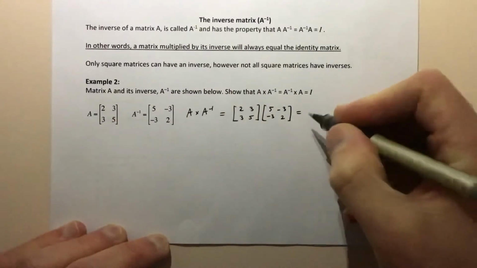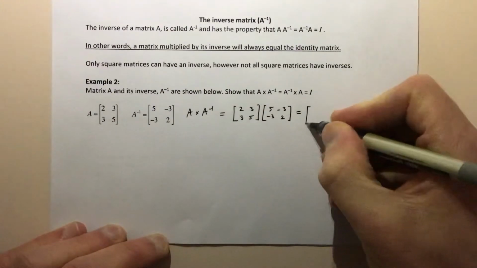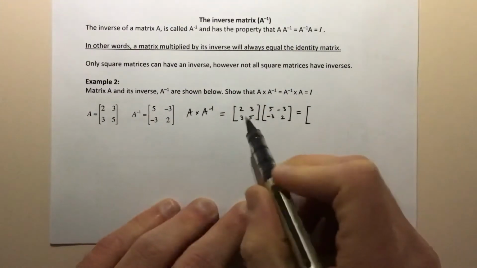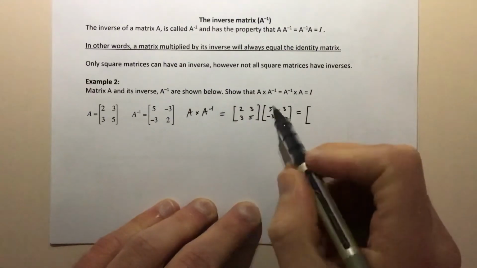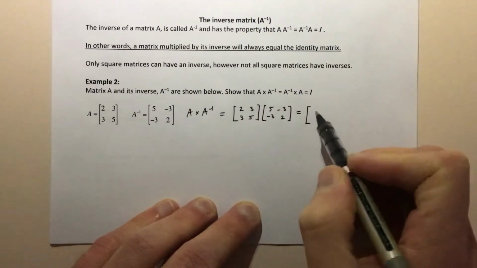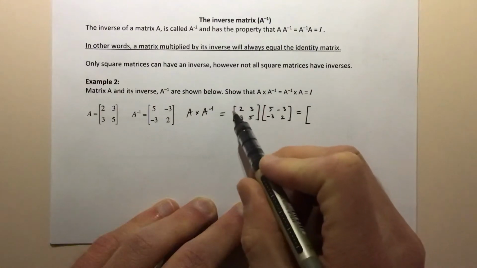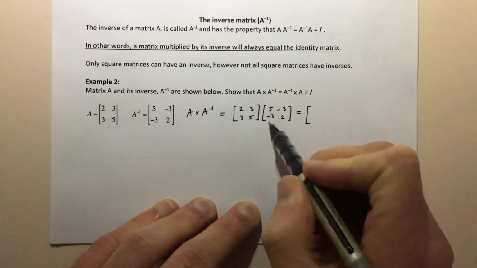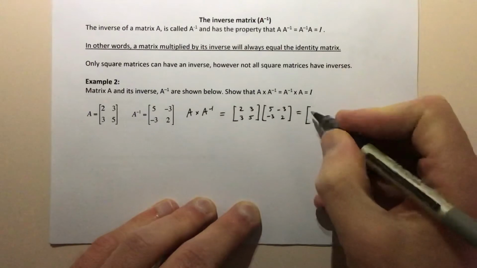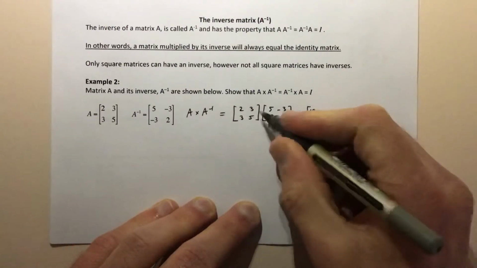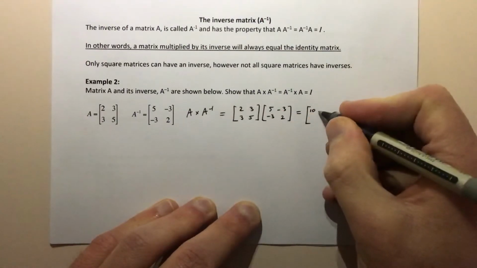I'm writing pretty small here because matrix multiplication will take up a fair bit of space. So this is just a good recap of going across the rows and down the columns. For our first element, first row, first column, we go across the first row, then down the first column. So 2 times 5, which gives me 10, plus 3 times -3, which gives me plus -9.